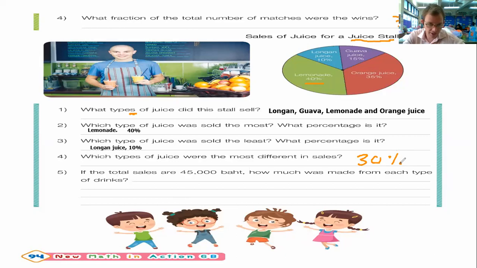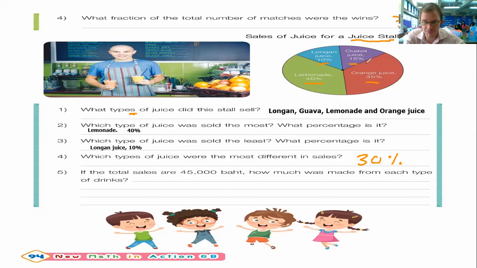And the last one, if the total sales are 45,000 baht, how much was made from each type of drink? So this one we can calculate. It's not too difficult. We take the total number, and we know that they give us a percentage. If we add all of these, it has to add to 100%.